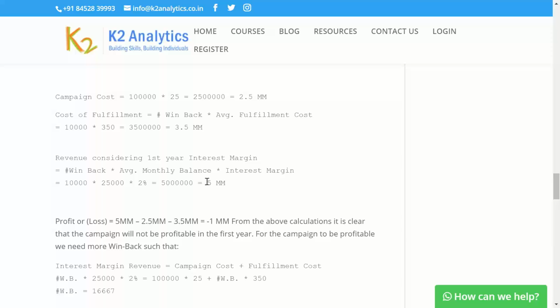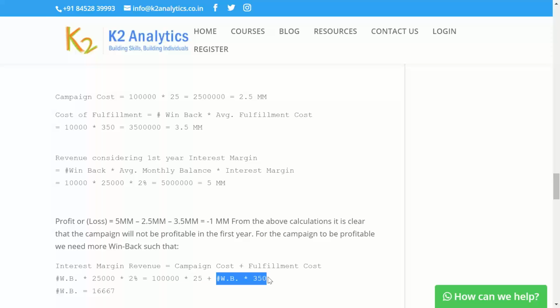Now to be profitable, can we find out what is the success rate? How much conversion I should have so that I'm at least at break even? Now for break even, what you require is your revenue should be equal to cost. Cost elements are my campaigning cost and win back into fulfillment.